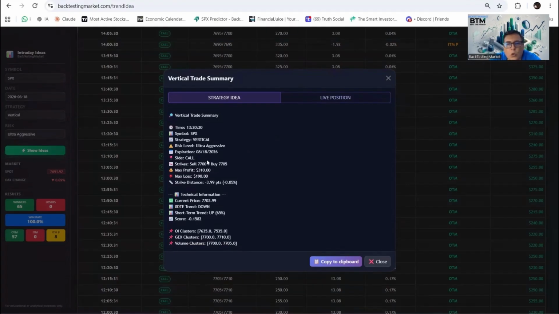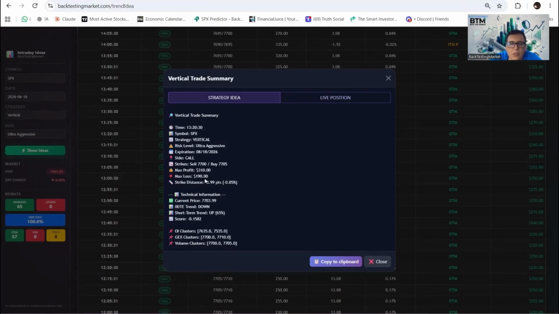Typically the credits are around 150, at most 200, but lately, for some reason, it's giving an awesome credit. Today it gave us $310 of maximum profit and maximum loss of 190.